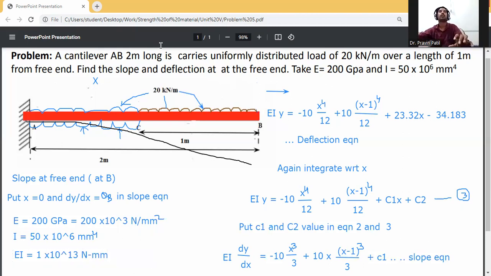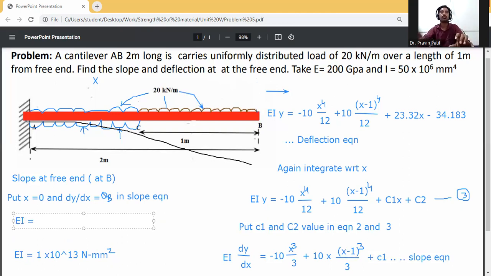So we need to convert Newton mm square into kilonewton meter square. So EI is equal to 1 into 10 raised to the power 13 divided by 1000 into 1000 square. For Newton to kilonewton, divide by 1000; for mm square to meter square, divide by 1000 square.